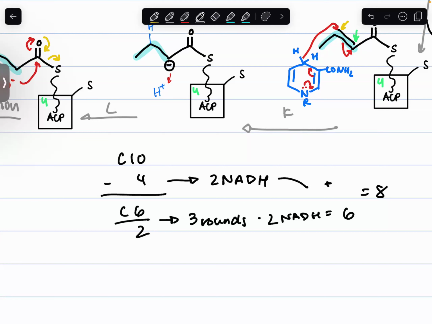And every round after that creates 2 more carbons on the chain and requires 2 NADH. So it's like a 1-to-1, except that first reaction. So you can do the number of carbons in the chain minus 2 equals the number of NADH.